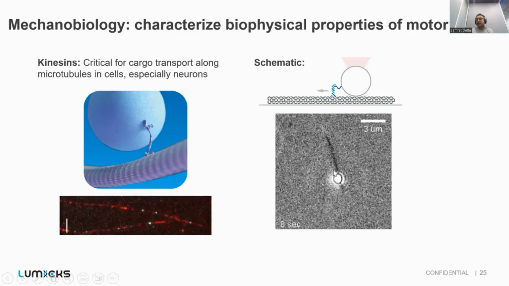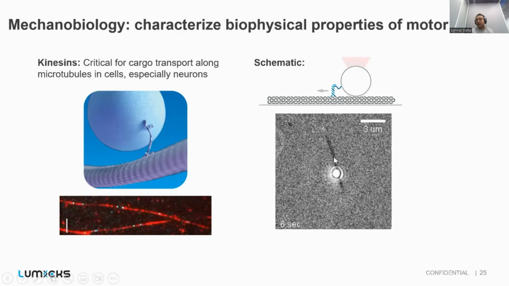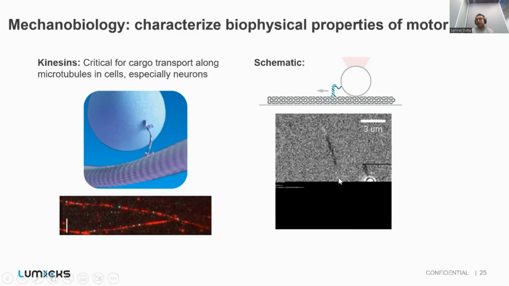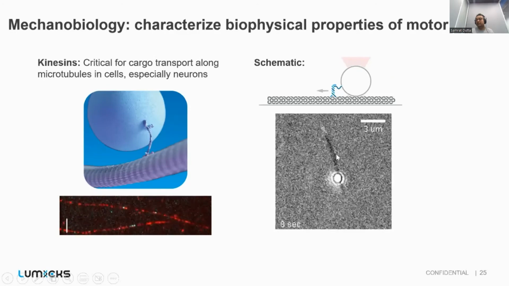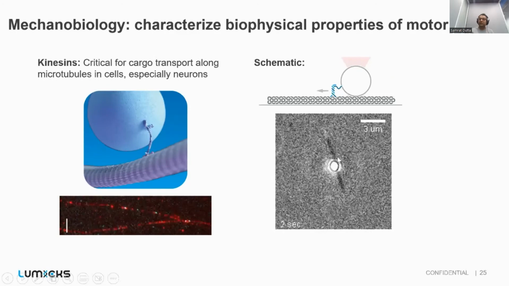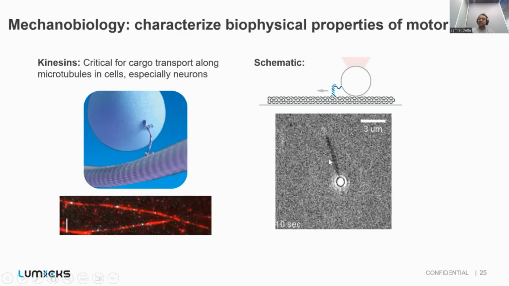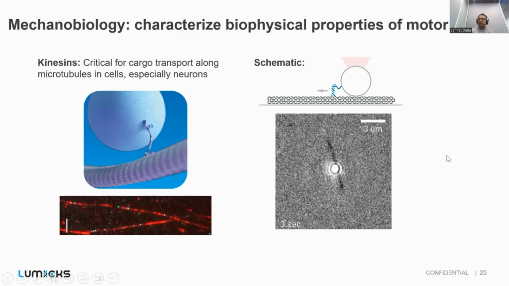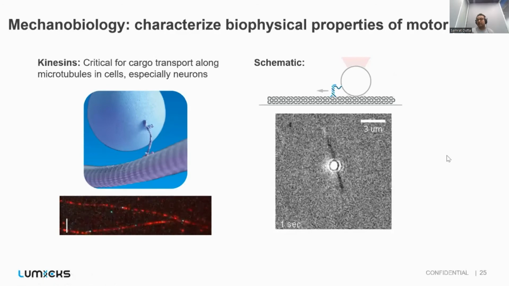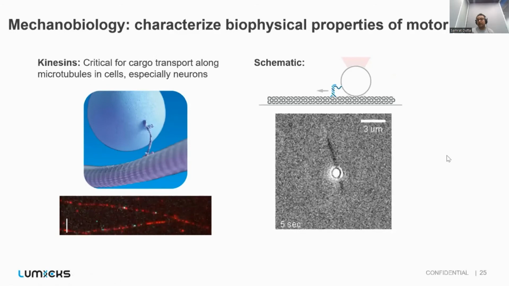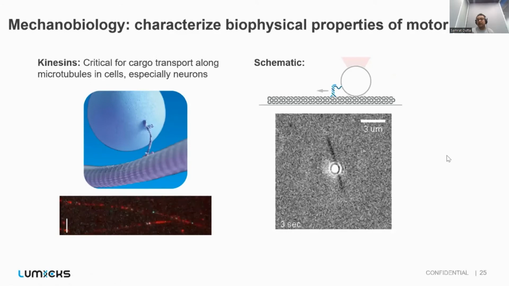What we can find out from this experiment is the load and the velocity with which the kinesin is walking over the microtubule. We can also measure the interaction forces between the legs of kinesin and the microtubule, which could have implications and could address questions related to kinesin from a disease sample or a normal sample.